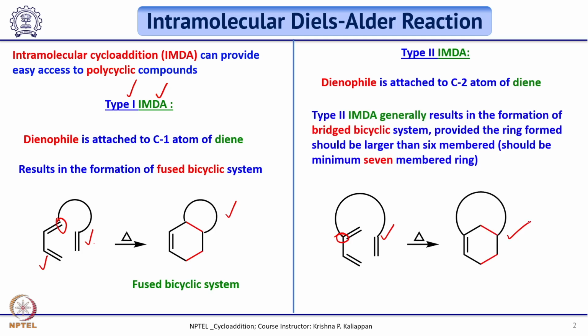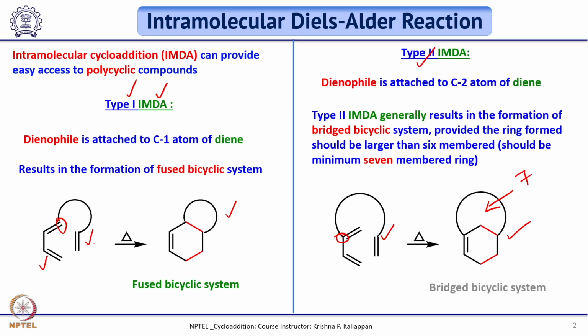You can see this is the bridged bicyclic system. These types of reactions are called type 2 IMDA. More importantly, in order for type 2 IMDA to happen, the minimum ring size of the second ring, other than the cyclohexene ring, should be 7-membered. At least it should be 7-membered, and only then will type 2 IMDA happen.